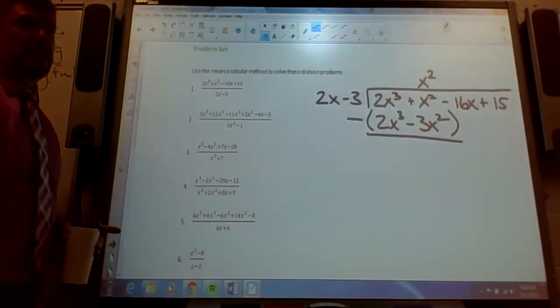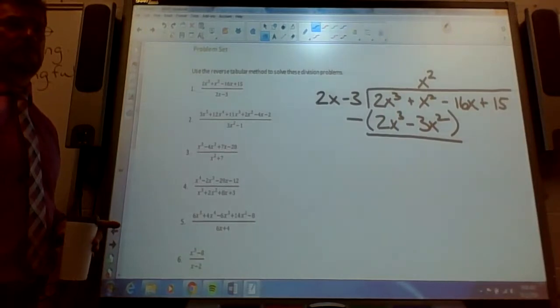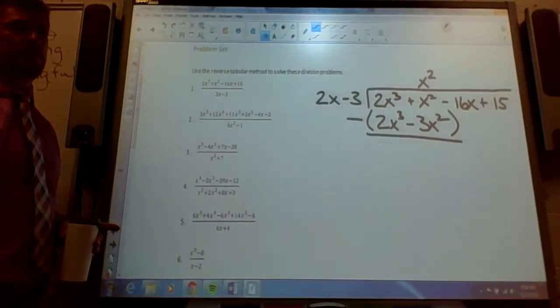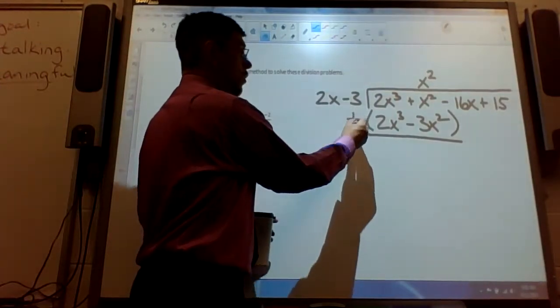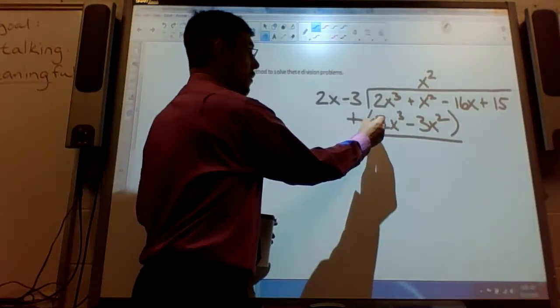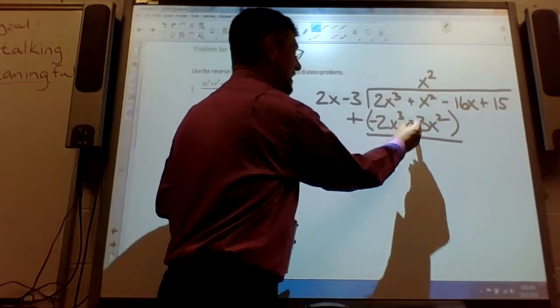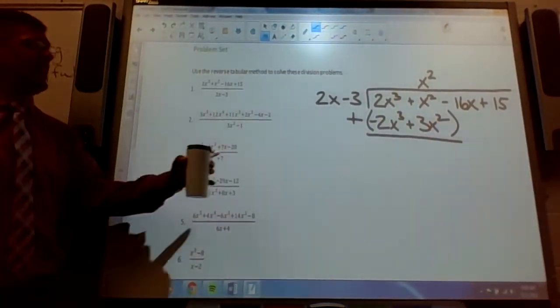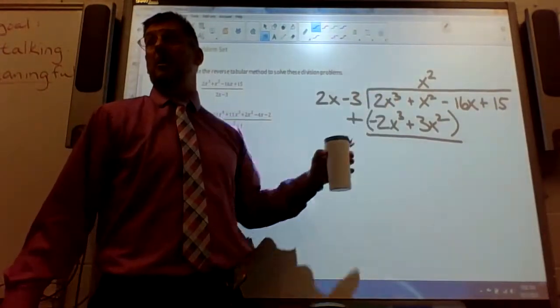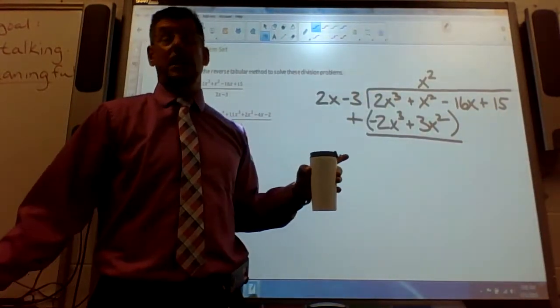How do I distribute the negative here, Andrew? This becomes what? And what becomes this? Positive. So now I got 2x cubed minus 2x cubed gets me 0.